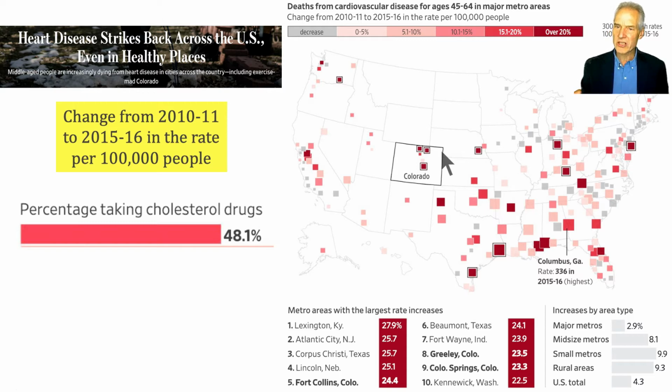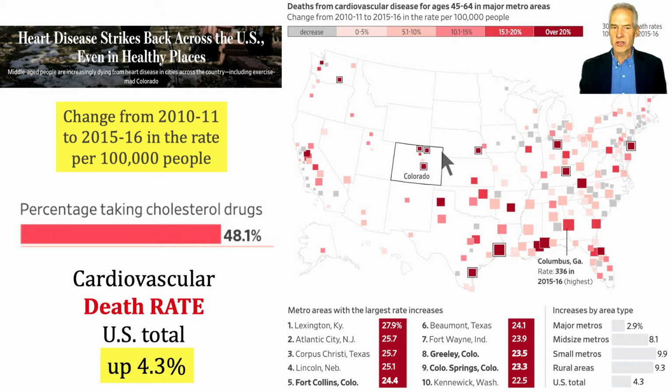So we're obviously not doing something right. The cardiovascular death rate in the U.S. as a total is up by 4.3% from 2010-11 to 2015-16. That's a significant increase. If we're doing the right things, we'd expect the mortality rate for cardiovascular diseases and other diseases as well to be going down, but they're not.